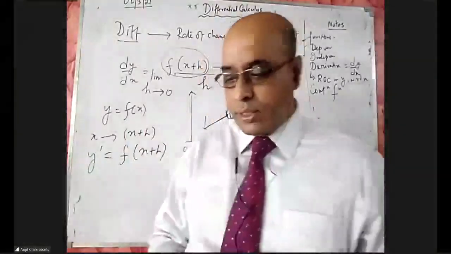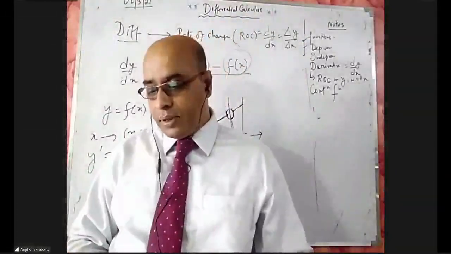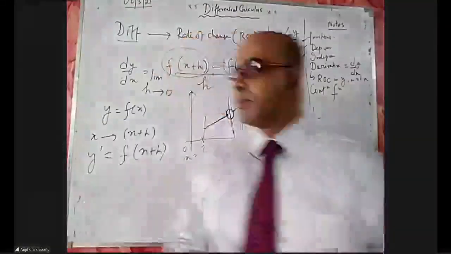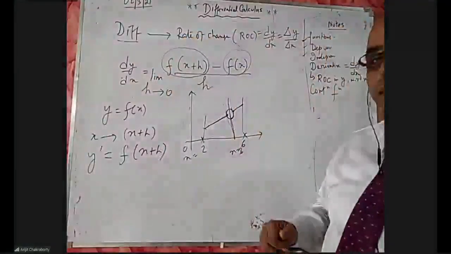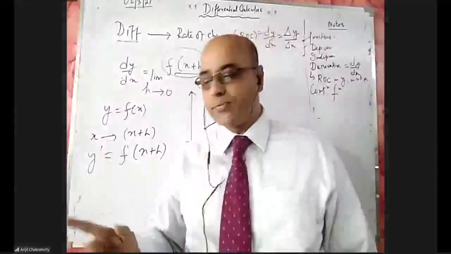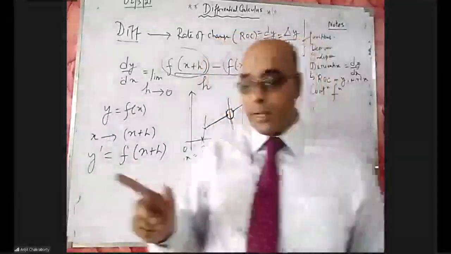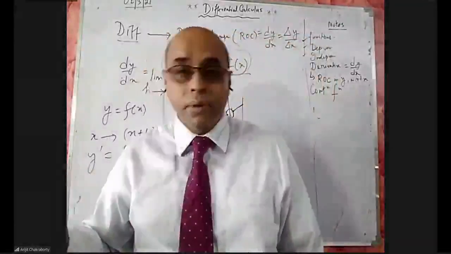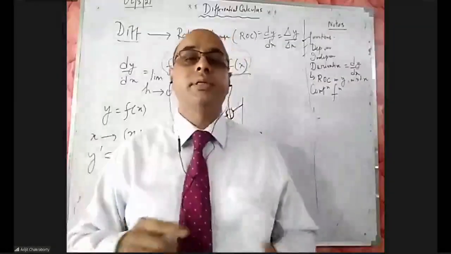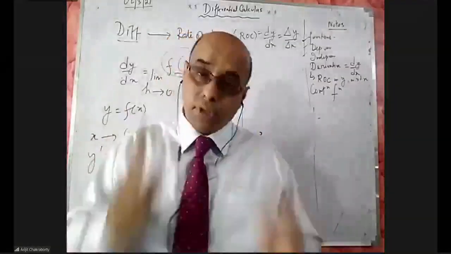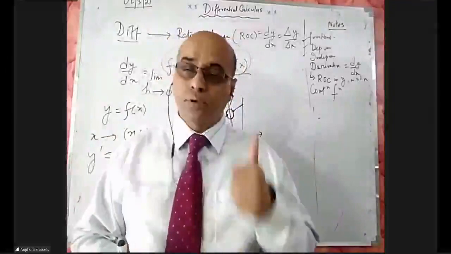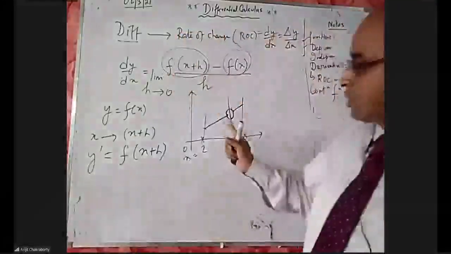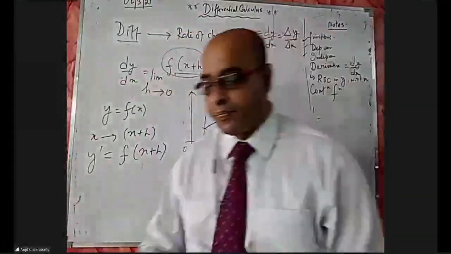So this is the concept of continuous function, and the derivative is always important, and it is always possible to find dy by dx provided the function is continuous, right?